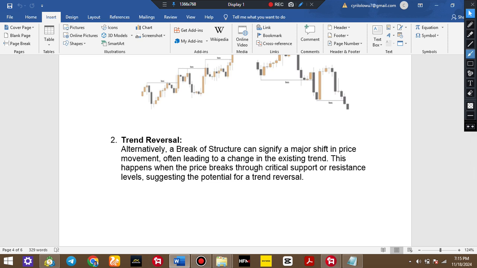Now, initially, when we're in the continual trend, what we keep seeing is price going up, price breaking highs in the bullish trend. Price gives you an impulsive move towards the upside, makes a pullback, right?